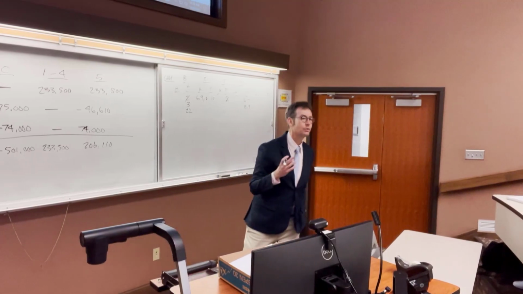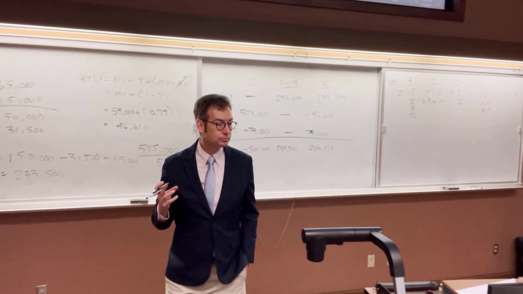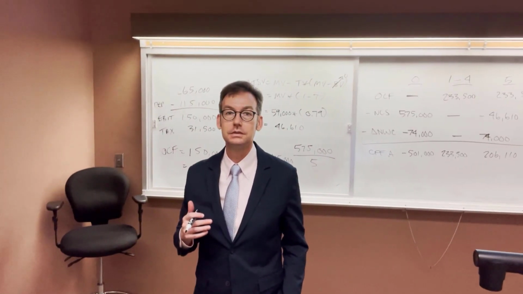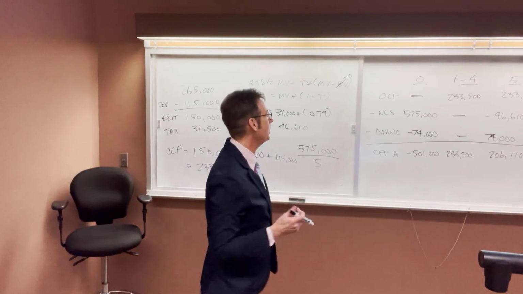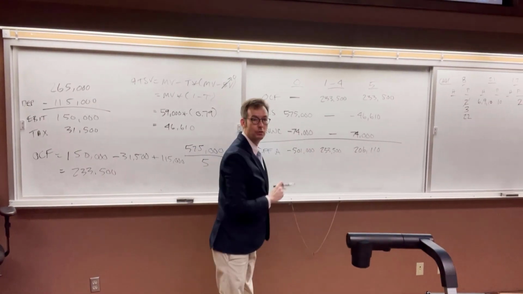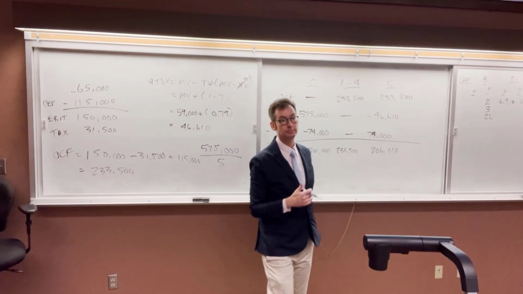Not all my questions to you are going to be hard, right? Okay, so hit compute, and what do you get? 36.26%. So, what was the big trick here? Net working capital went down at the beginning and up at the end. That's the big trick about this problem.